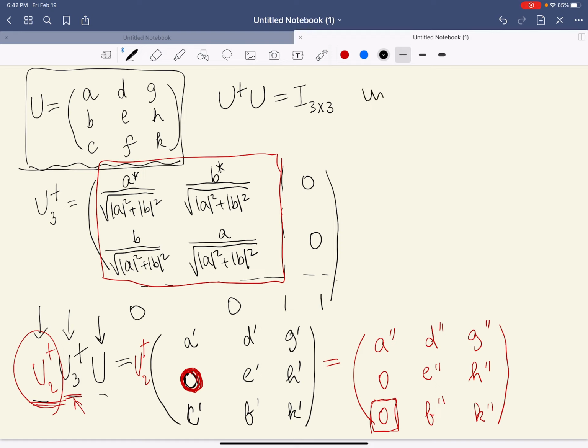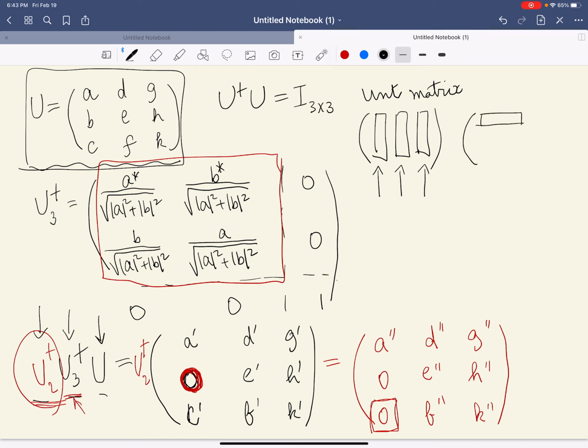Okay, but the thing about a unitary matrix is that every column vector is orthogonal to every other column, and also every column vector has to be normalized to unity. And the same statement applies to every row vector. So each row represents some sort of vector which is normalized to unity, and they're orthogonal to the rest of the row vectors.